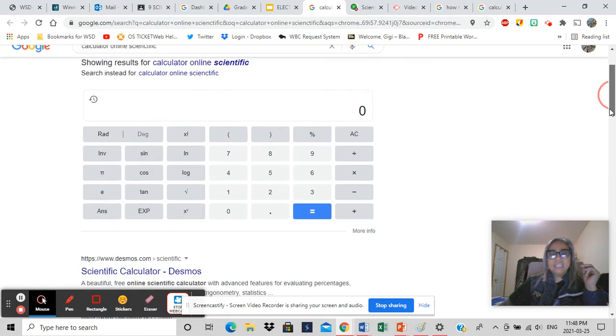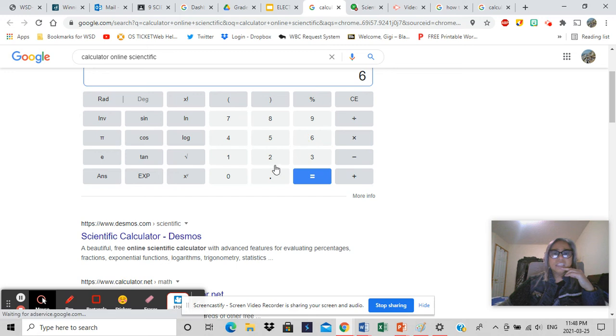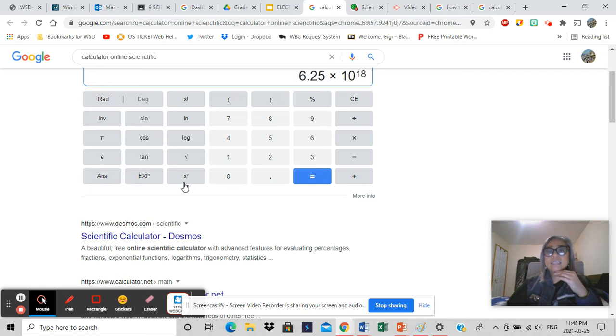So here, for instance, I would just have 6.25 times 10 to the power of 18. And then I'm just going to multiply this by 2, right? So let's see what comes up. So 1.25 times 10 to the power of 19.